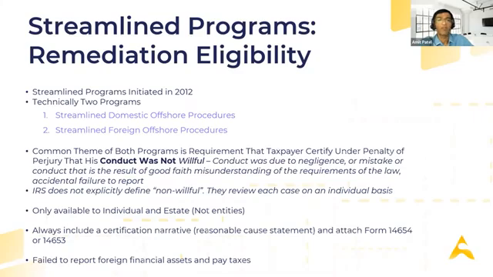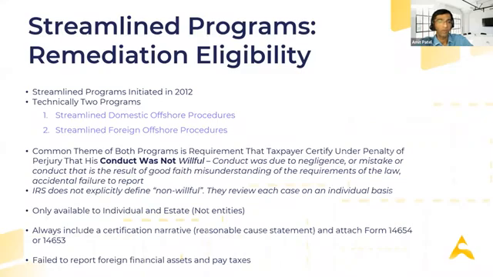If you are living in the US, you will be eligible for the streamlined domestic offshore procedure. And if you are living outside the US, you will be eligible for the streamlined foreign offshore procedure. There is a little difference between these two. We'll discuss them in detail as well.